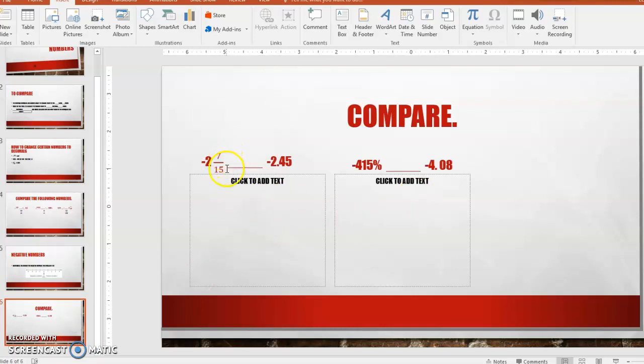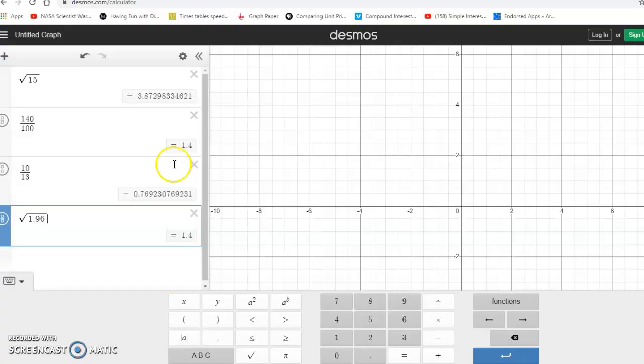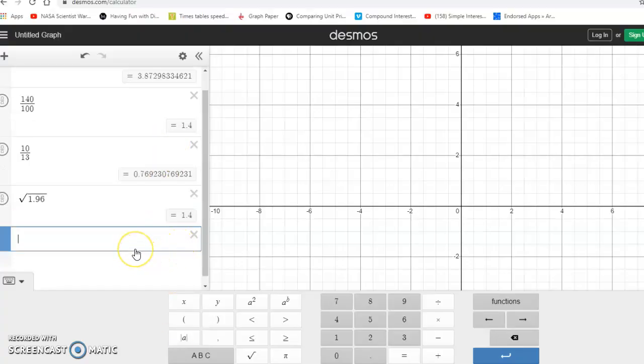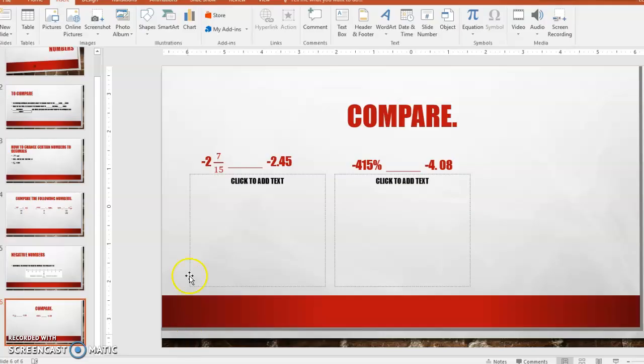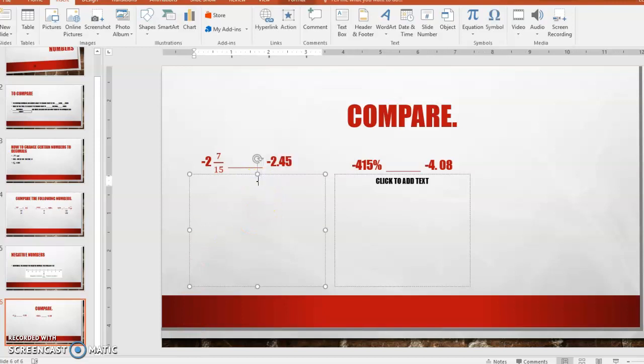Okay, so let's see if we can compare some of these numbers. 7/15. I don't know what 7/15 is, so I'm going to go to my calculator, and we get 0.466. So we have -2.466 or 67. Either way, our other number is -2.45. So we've got to think, okay, if I were owing somebody money, which would be worse?